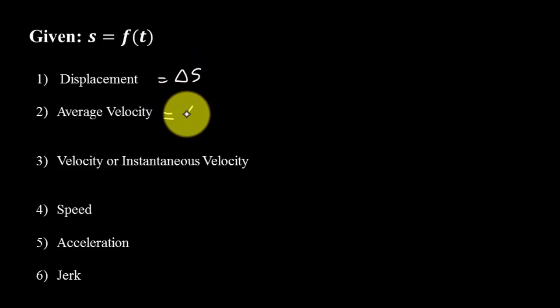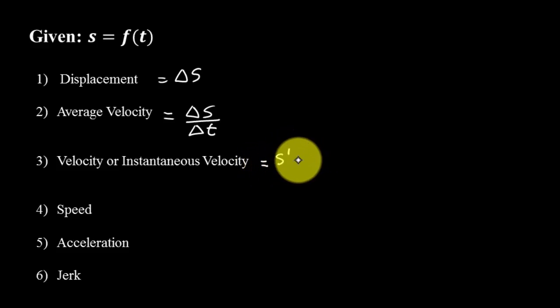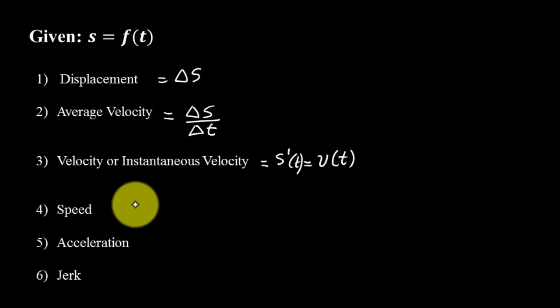Average velocity is the change in s over the change in time. What is the instantaneous velocity, or just velocity at one particular time? That becomes s prime of t, which is the same as the velocity function v of t.